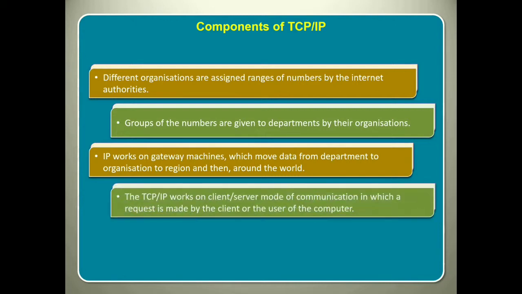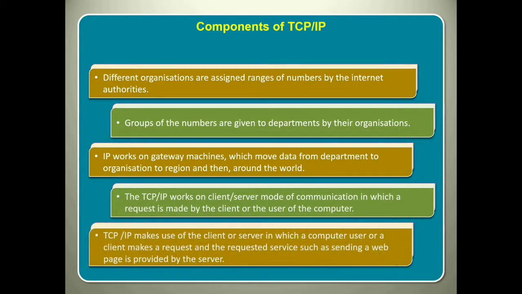TCP/IP works on the client-server mode of communication, in which a request is made by the client, or the user of the computer. With this, a computer user or client makes a request, and the requested service, such as sending a web page, is provided by the server.